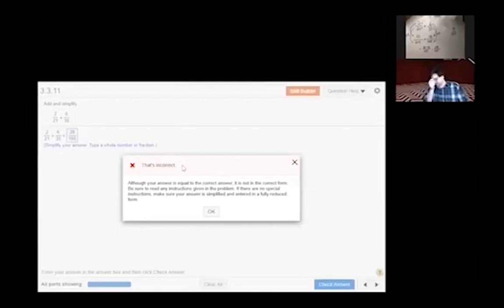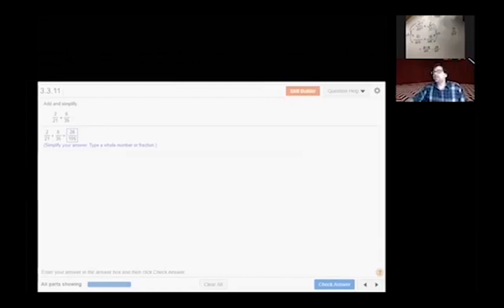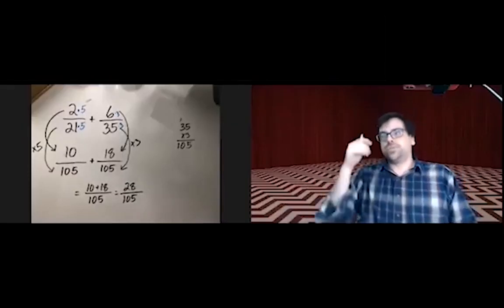And that makes you sad at first because you did a lot of work to get to this point. But read what it says. Although your answer is equal to the correct answer, it is not in the correct form. That makes us feel a lot better. It's equal to the correct answer. That means everything we've done so far is correct. We just haven't reduced it all the way.